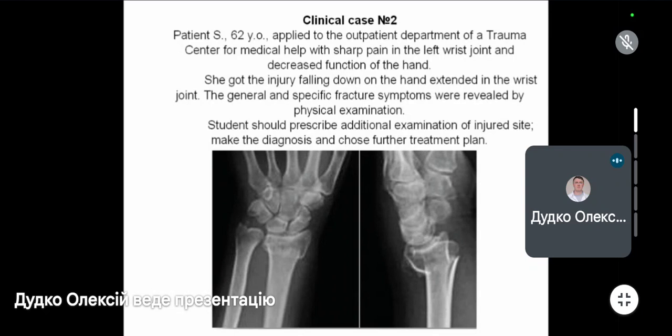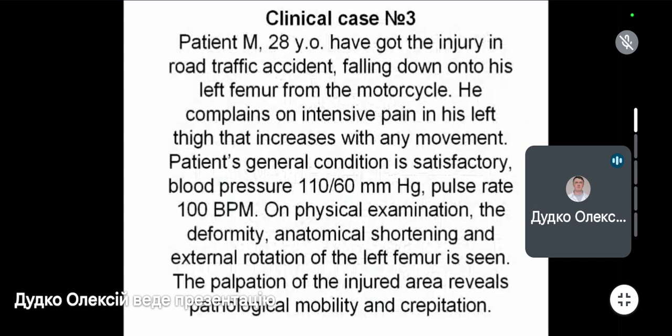For analgesics, in the first days when the patient is in pain, you may prescribe ketanol in tablets, 10 milligrams, 2, 3, 4 times per day, but that's just for the first few days. Later, pain is not so intensive, so patients usually don't take it. Okay, so that's about wrist joint fracture, and let's move to the injury of the lower extremity.